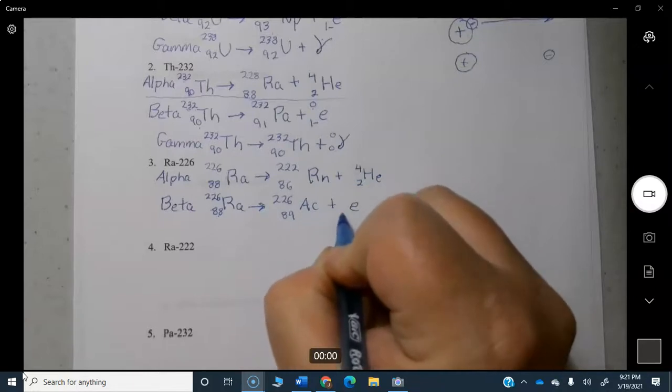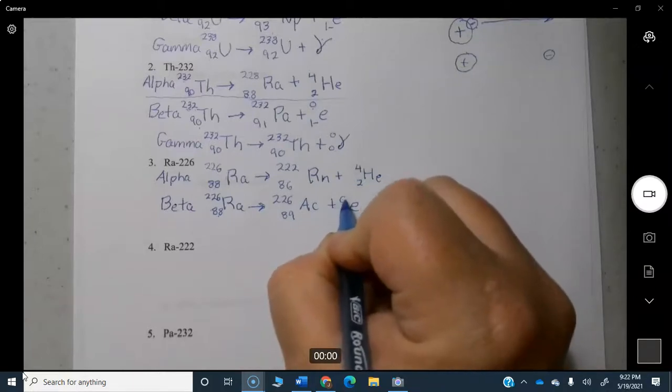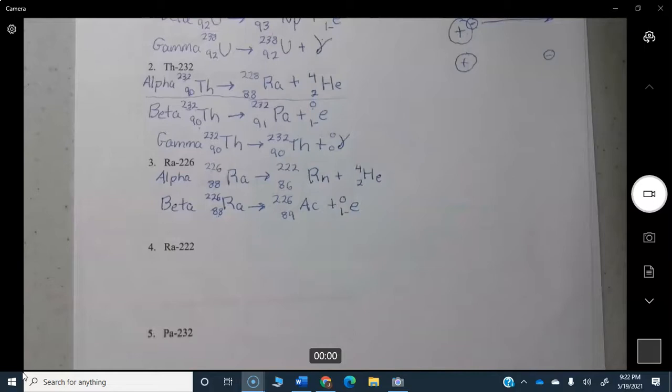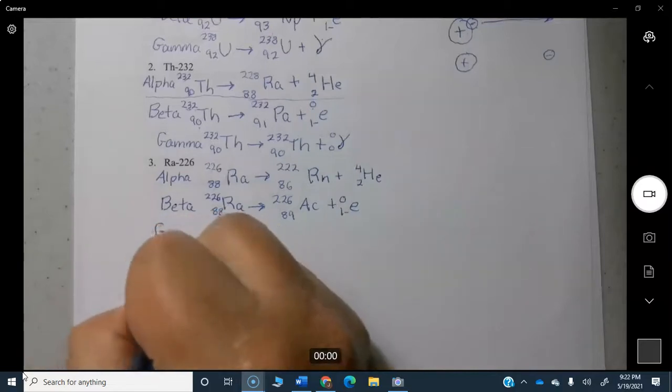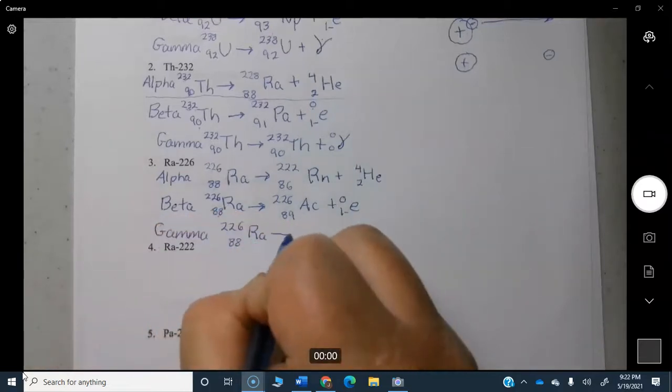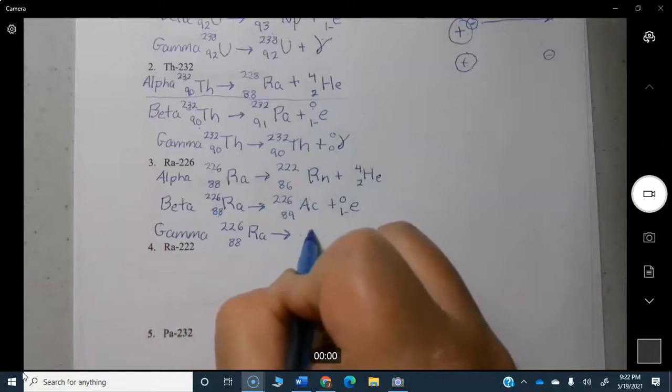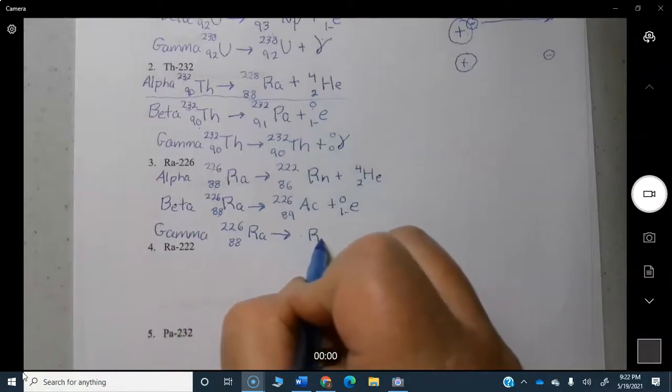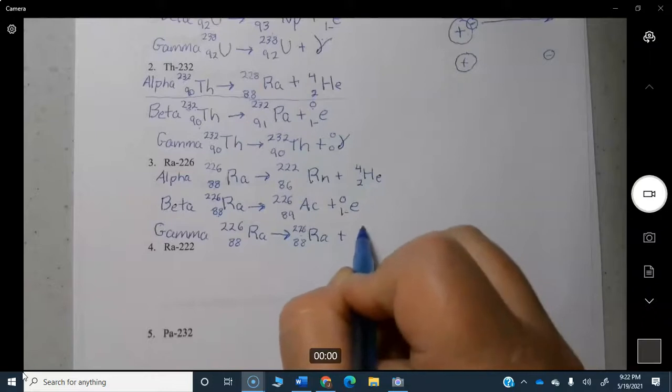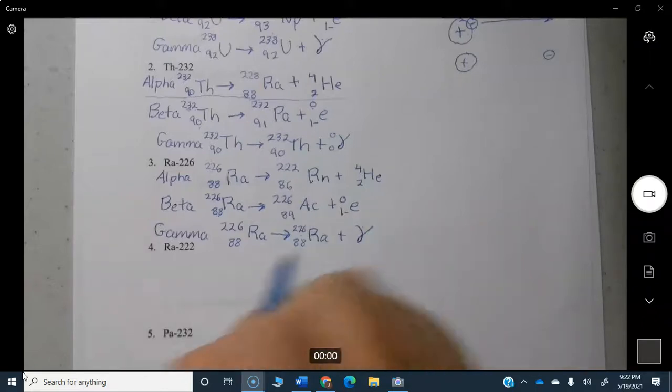Plus the electron. Okay, finally the gamma. And nothing changes, it just lets off a little electromagnetic wave of energy, plus the gamma ray, that right there. Okay, that's how you do these.